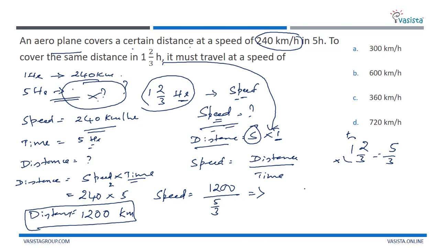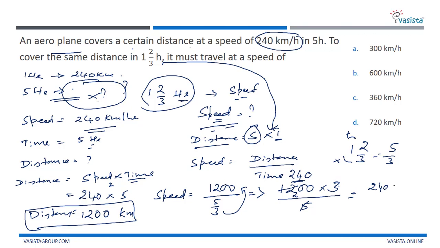When you simplify, this becomes 1200 into 3, since the 3 moves to the numerator, divided by 5. Now simplify it. 5 ones are 5, 5 twos are 10, 2 remainder, right. 5 fours are 240. Now multiply this, 3 into 240.